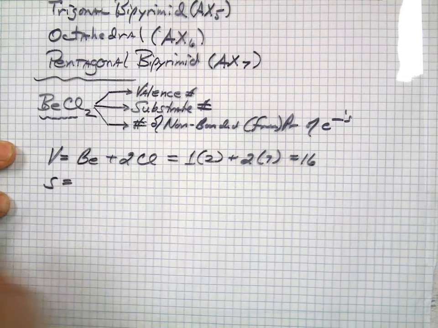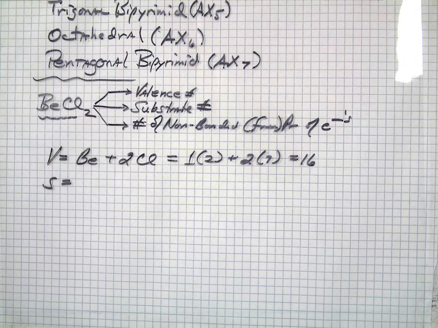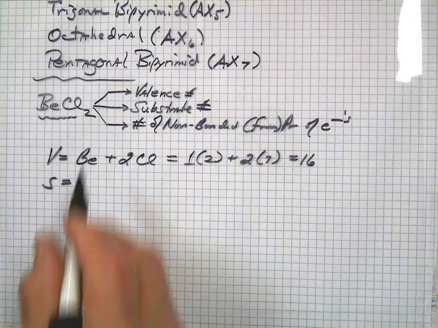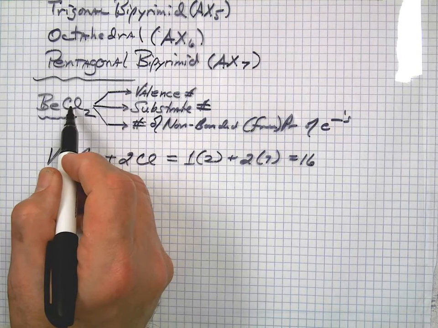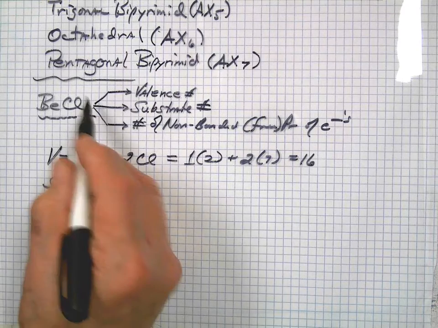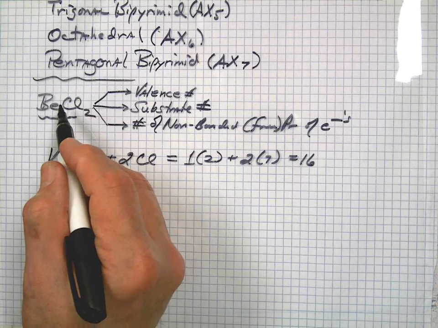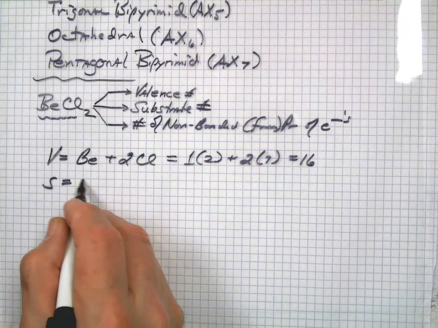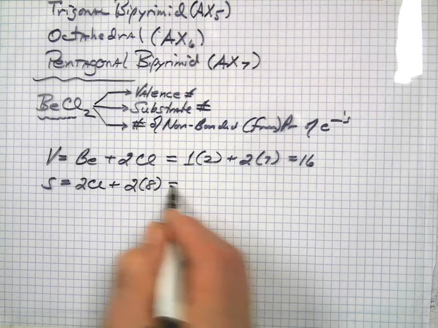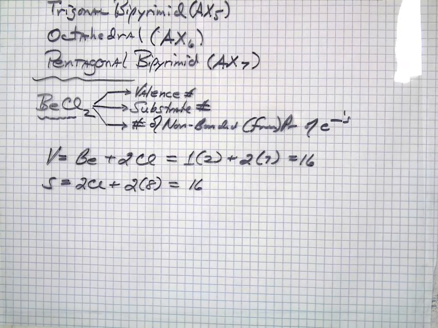Substrate number is the attachments times 8, or the attachments times 2. Attachments times 8 is everything except hydrogen. If you see, say, a BeH2, then it would be 2 substrates times 2. But this is a chloride, and everything else is 2 times 8. So we have 2 chlorides, and so this is 2 times 8, or 16.